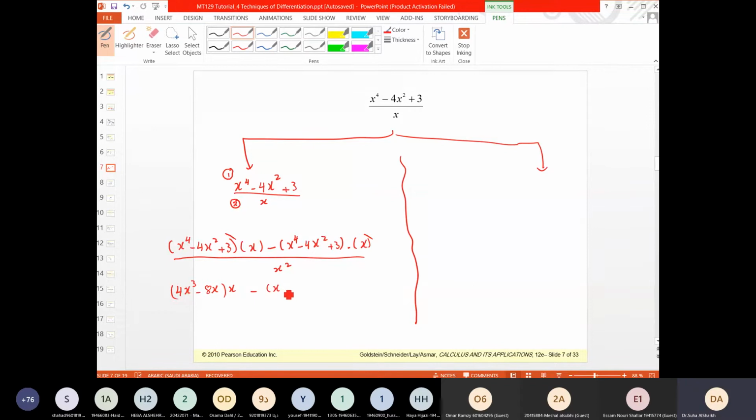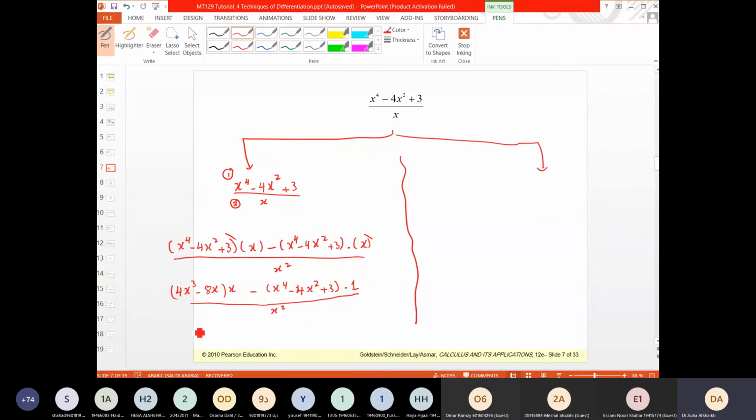Minus x^4 minus 4x squared plus 3, and what's the derivative of x here? It's 1. Correct, Isam. Correct, Tala. The derivative of x is just 1. So simplify it now, and don't forget, everything is divided by x squared.